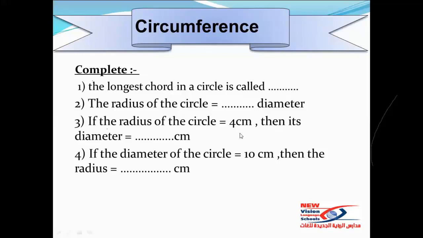So, letter 1, number 1. Solve. Can you read it? Ahmed? Number 1, diameter. Excellent. Ali, number 2.